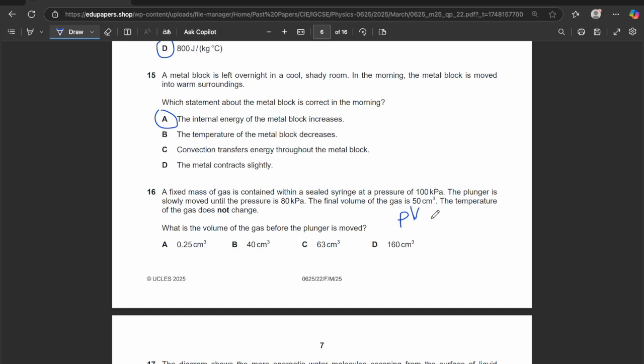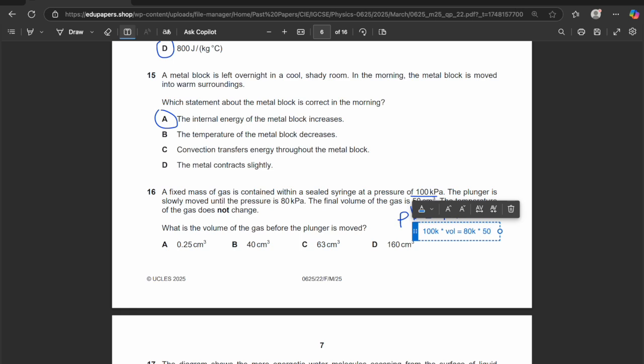So this will be some kind of constant K. So firstly, we have the initial pressure into initial volume, and then 80 into final, which is 50.